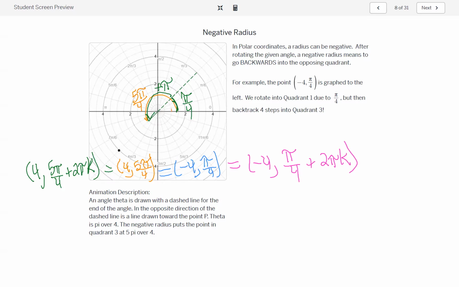Now, when we're looking at one polar point to get an equivalent polar point, that's what's on the next slide. But the idea is, for any polar point, I can just use a coterminal angle and get an equivalent polar point. Or if I add pi to the angle, I can change the sign of the radius, and that's also an equivalent polar point. So that's what the slide on the next page says.